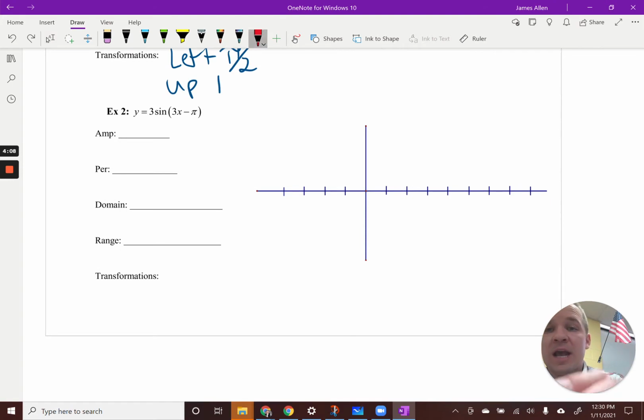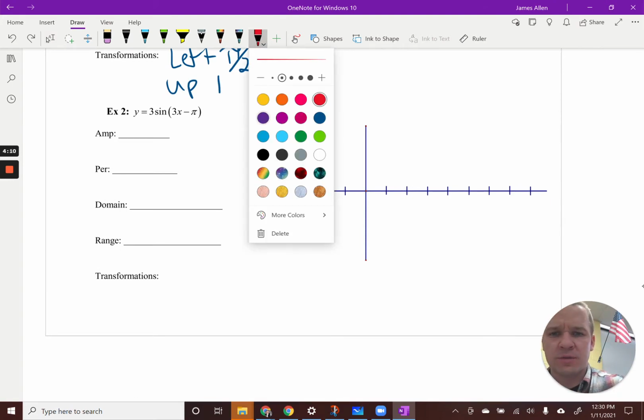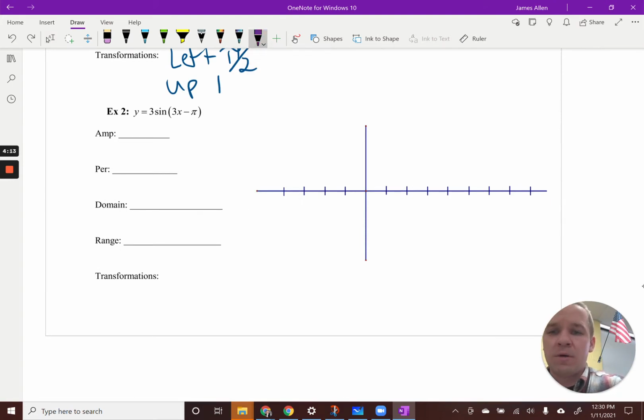So let's factor out, and I'll change colors for this one so we don't get monotonous. We're going to have y equals 3 sine, and I'm going to take the 3 out, leaving just x, and then minus pi over 3. That way, if I multiply it back in, it goes back to just minus pi.